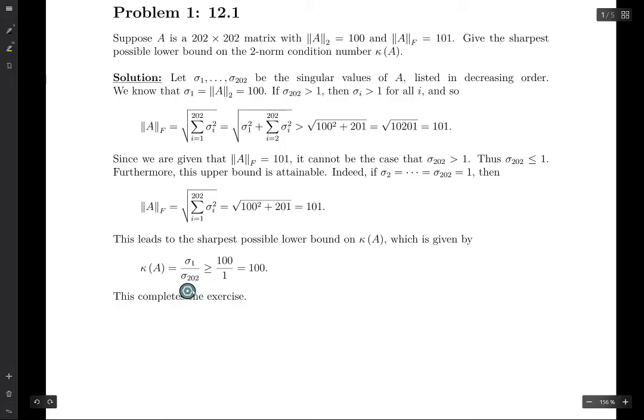So we replace sigma 202 by 1, and sigma 1 is just 100, so this is 100. And so we have found the largest possible lower bound on kappa A. Specifically, it's 100, and there we go. This completes the exercise.